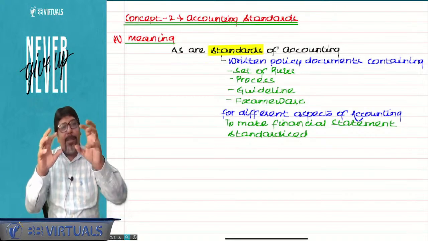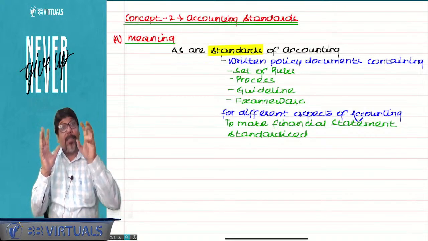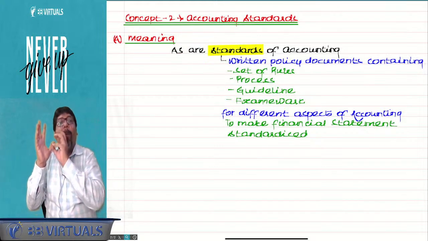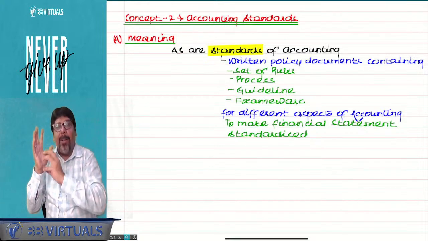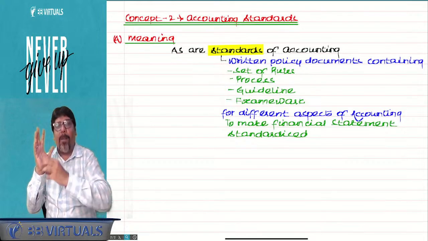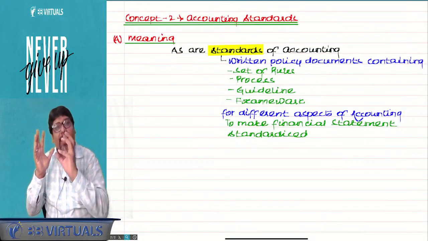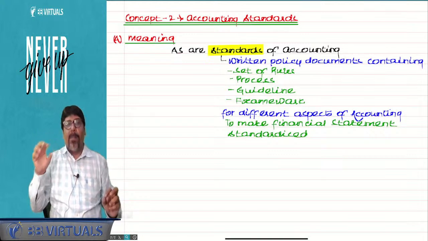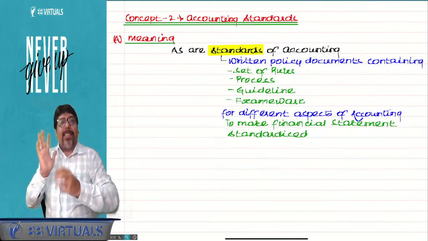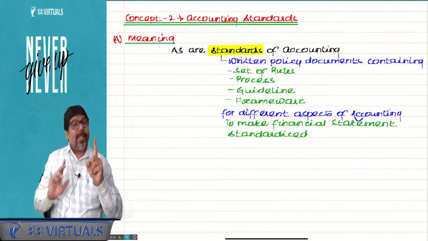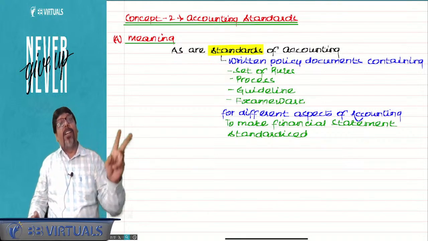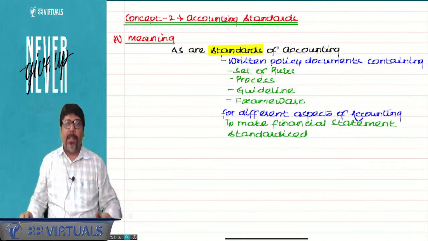So as soon as we pick up one aspect of accounting, there are so many things. Why do we require a standard, and what will the standard tell regarding that particular item? Suppose I say mobile. Why is the standard speaking on mobile? Second, what is the definition of mobile? Third, what are not mobiles?